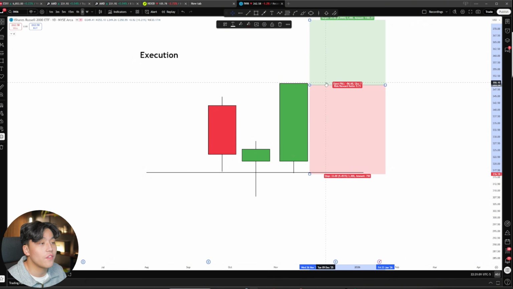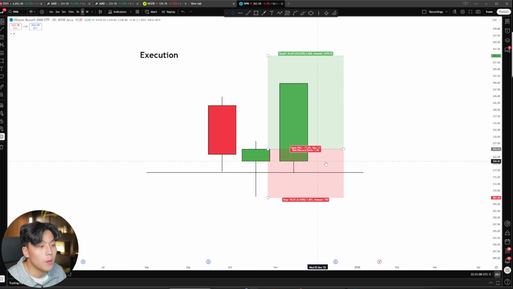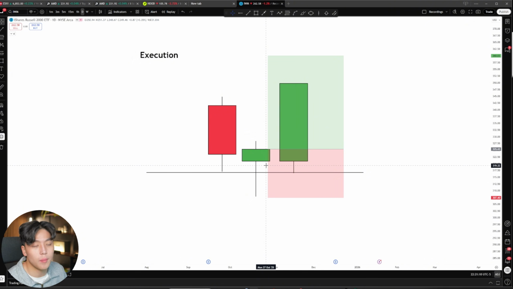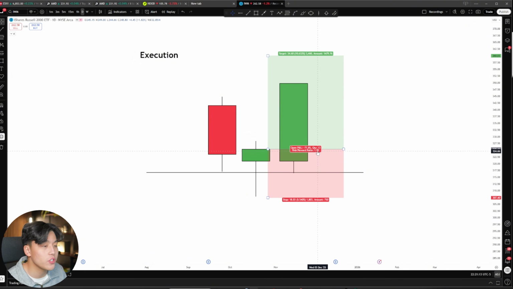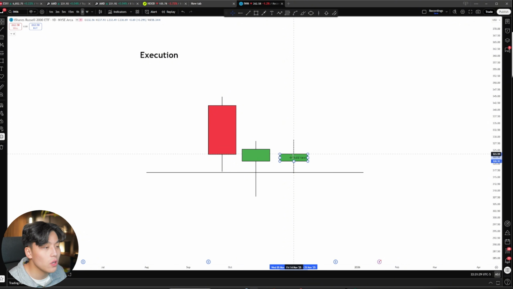A few other entry models, of course, is you can wait for that second candle to close with a stop underneath for continuation, but this of course is going to be lower probability because you're not waiting for the confirmation. And then one of my favorite entries, which is a little bit more discretionary, is basically when the candle shows momentum and breaks above its previous candle high as this candle is forming.